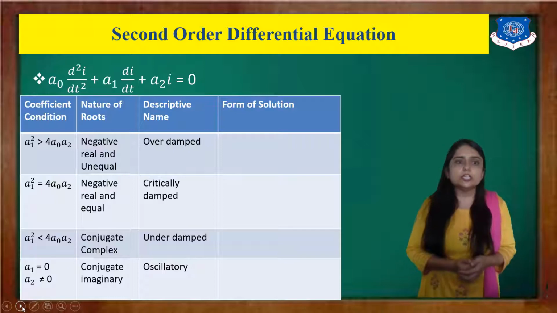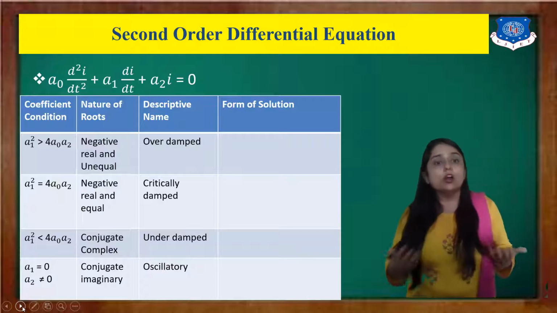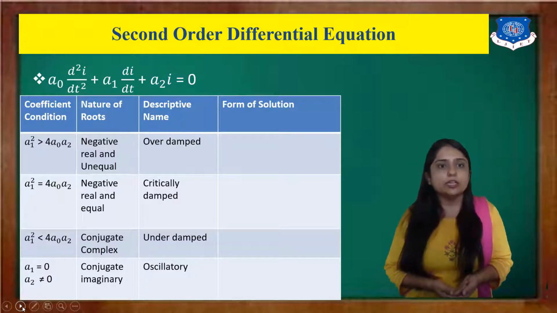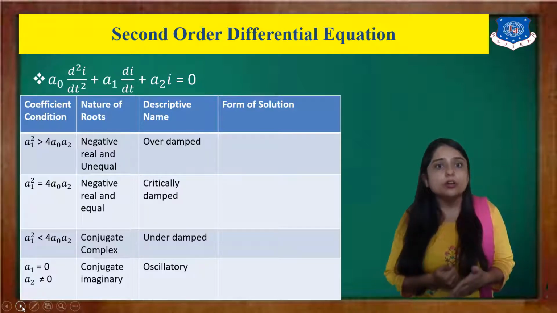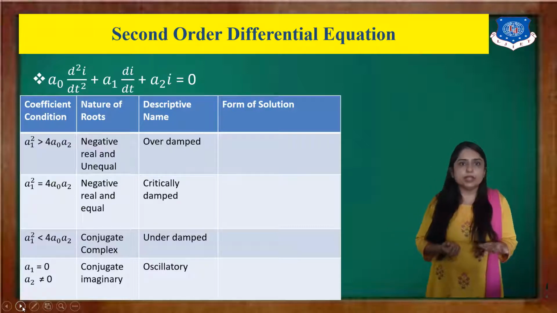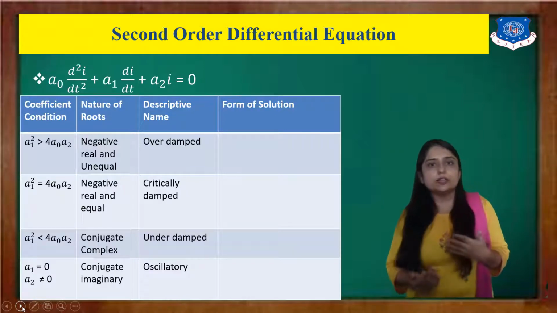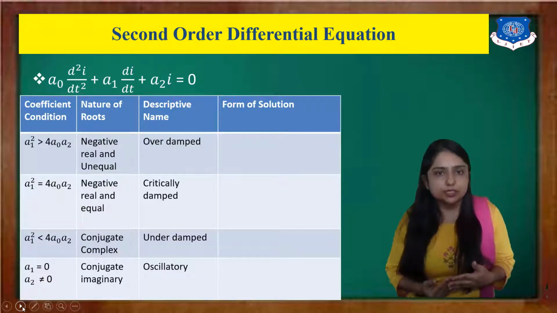So the first condition is: if A1 square is greater than 4 A0 A2, or if you find these roots, the roots are negative, real and unequal. Then the system is called an over-damped system. Over-damped, critically damped, under-damped and oscillatory are things you already studied in control systems. This is the nature of a system.